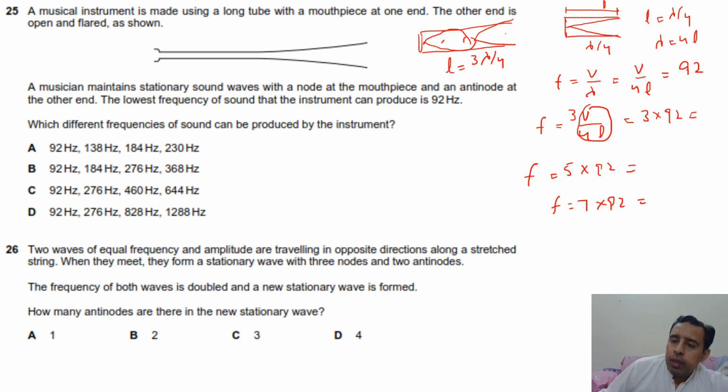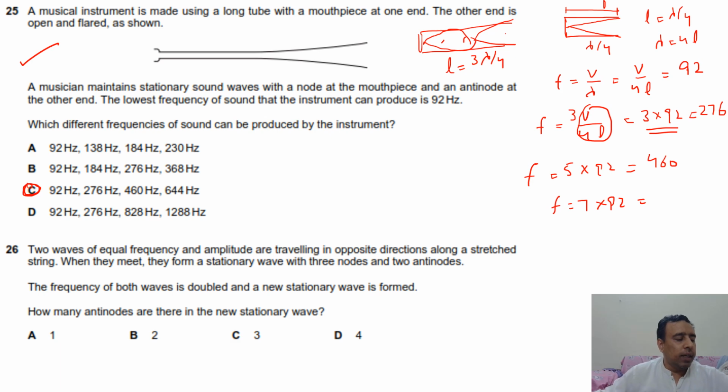If we multiply 92 with 3, the next option is 276. And if we multiply 92 with 5, let's just calculate here. It's 460, yes it is. 460. So option C is correct.